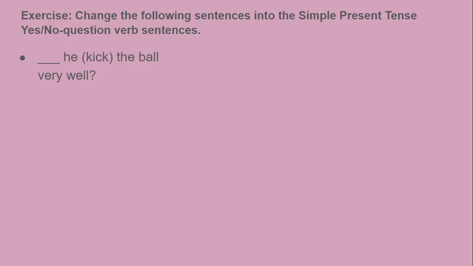Like we said when we looked at the structure, for he, she, and it, we use does. For I, you, they, and we, we use do. So in this case, we are going to use does. And we leave the verb in its original infinitive form as it is.